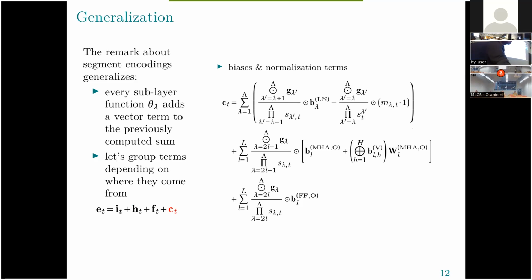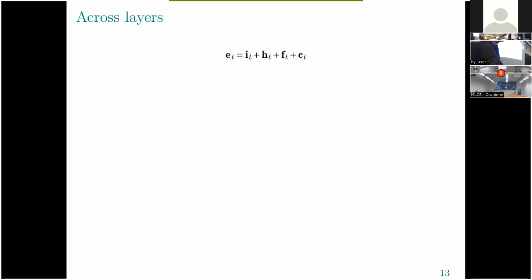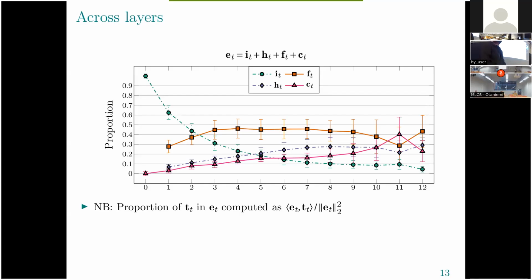Okay, so now what do I do with this funny looking equation? Now that I've broken down an embedding into 4 terms, one of which relates to the input, one to the multi-head attention computation, one to the feed-forward, and the last one to every constant bias in my network, one very simple thing we can do is plot how important they are across each layer.